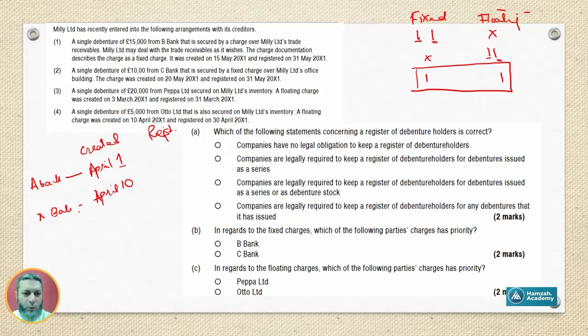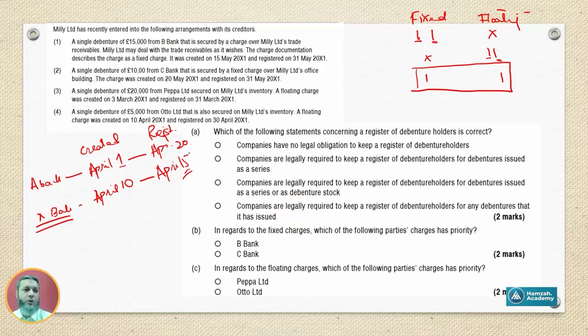Now, X bank was quick enough and they got it registered on April 15. Whereas charge 1, which was created on April 1, got registered on April 20. Now, in this case, whenever there is an issue, charge B, X will have priority. The reason is that it was registered with the registrar first.